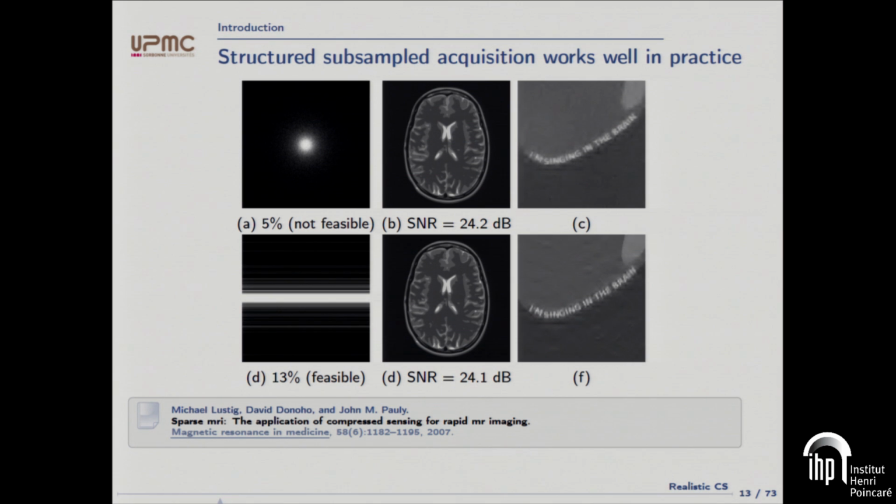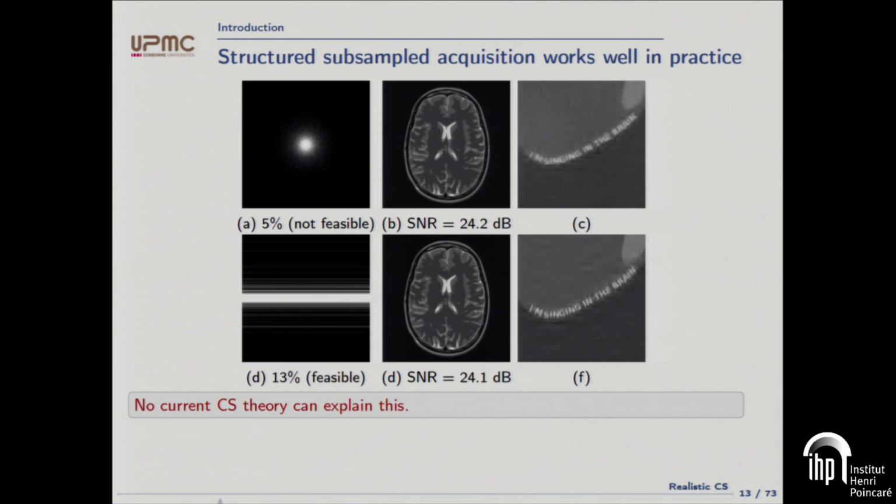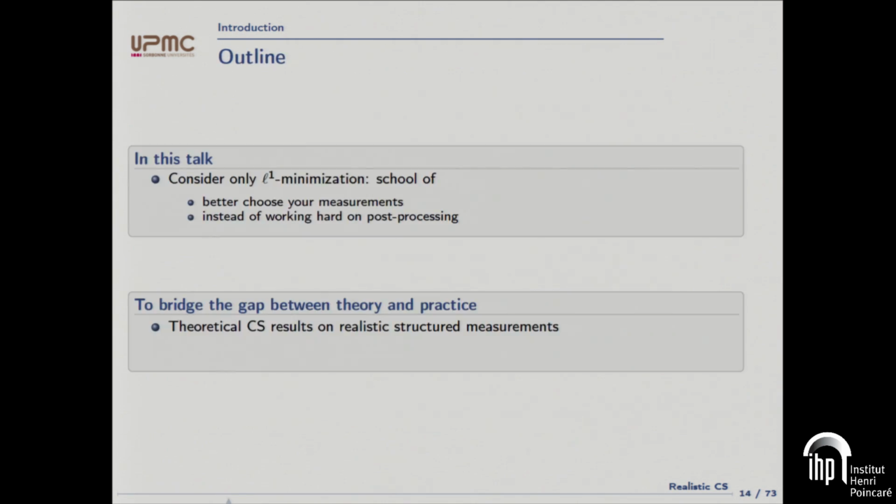We can also reconstruct a little sentence that I've inserted here. But actually, if you structure the acquisition and take horizontal lines in the Fourier space, you can still reconstruct your brain quite accurately. So the purpose of today is to try to justify why you can structure the acquisition and still have good reconstruction results.